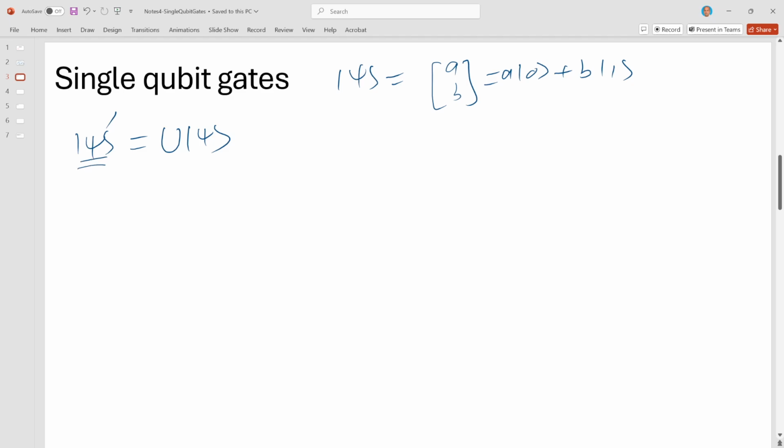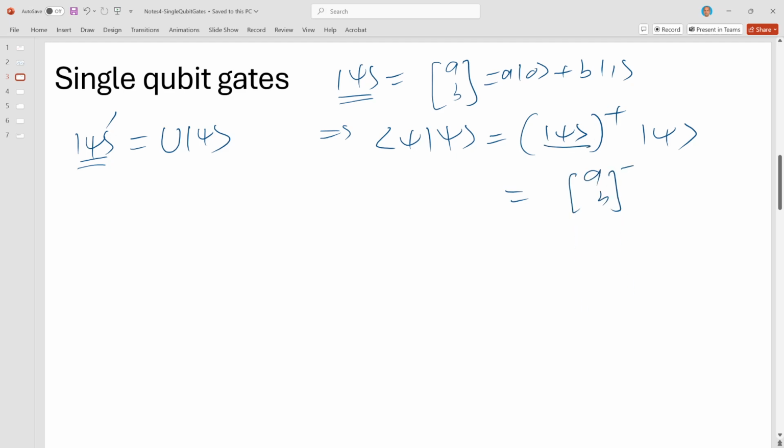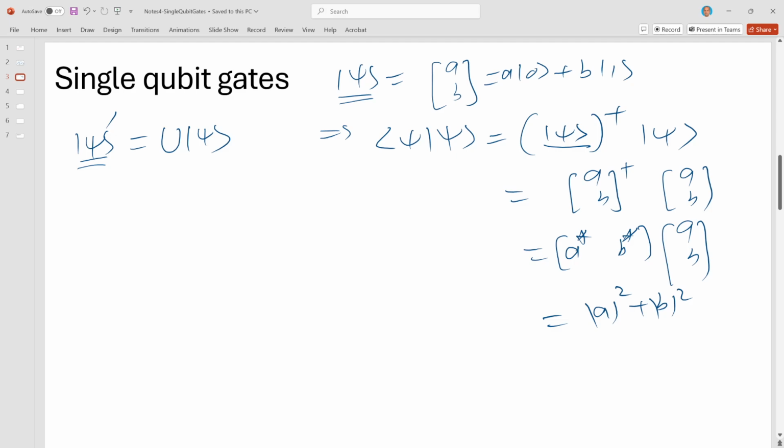Suppose this psi is normalized, which means that if I take the inner product of psi with itself, I have to take psi dagger and multiply with itself. Psi's dagger is its conjugate transpose, so this becomes (A conjugate, B conjugate) times (A, B), so this is |A|^2 plus |B|^2, and this is 1 if the state is normalized.